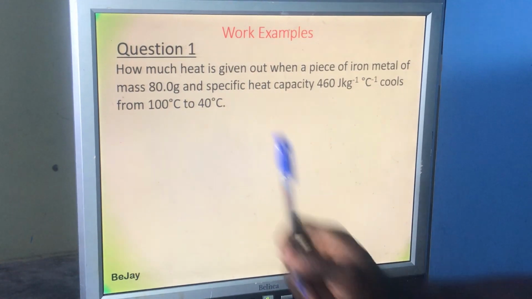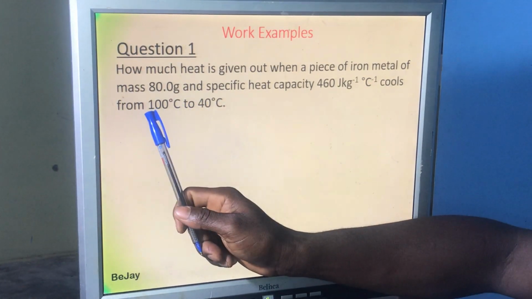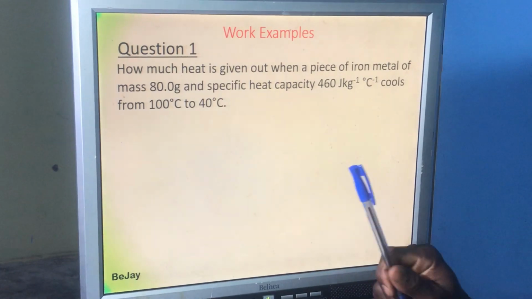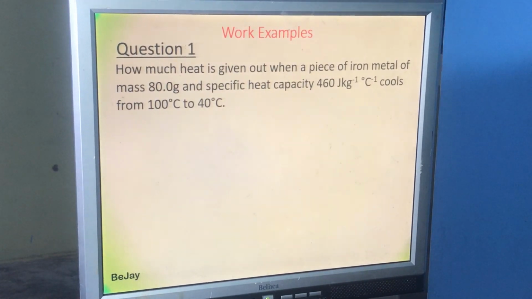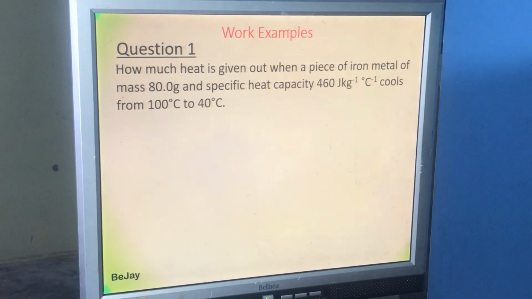So long as we've been given the mass, the specific heat capacity, and the difference in temperature from 100 to 40, it means that the type of heat we are dealing with here is sensible heat. That is very important. When a question is given to you, you should be able to determine whether it is a sensible heat question or a latent heat question, or which part of the question is dealing with sensible heat and which part is dealing with latent heat. Good. So this is sensible heat.